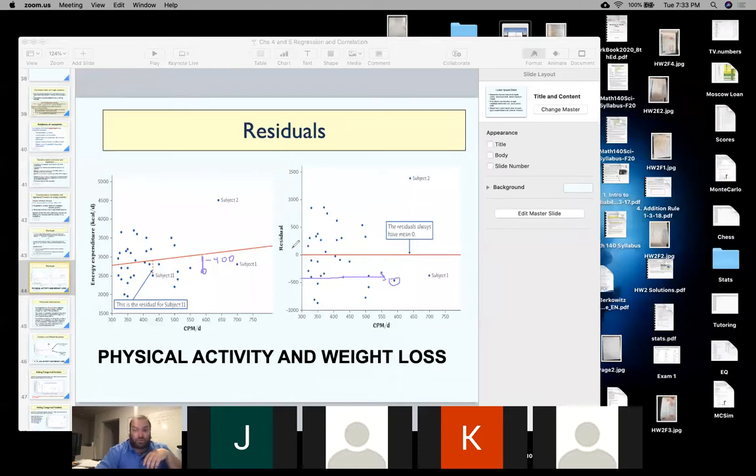For the residual plot, it tells you what the residual is for each of the X values. So rather than giving me the data, it's giving me the residual. It plots the residual value, not the data value.